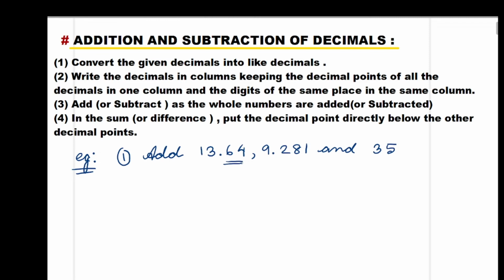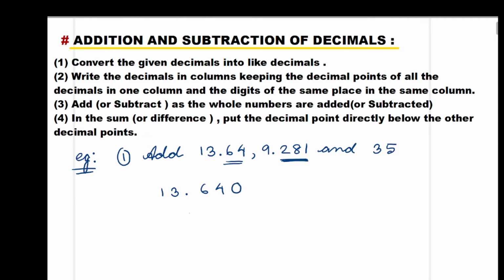Here after the point there are 2 digits, 3 digits, and here it is not a decimal. So what is the highest number of digits? 3. So we have to make every decimal have 3 digits after the point. So for the first one, 13.64, the maximum is 3, so here you have to put a 0 to make it like.